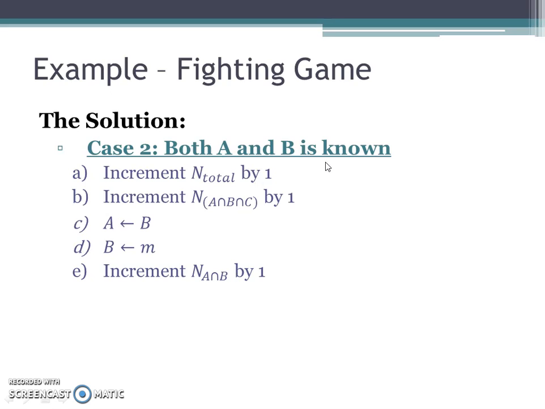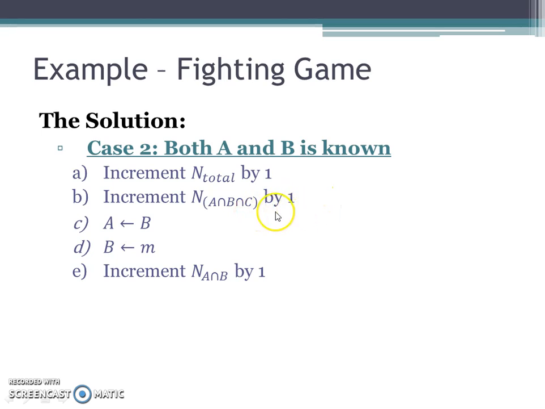Given the fact that you already know the previous two strikes, what you do is increase the n total by 1, because the latest strike increases the number of strikes so far, and you also want to increment the frequency for A intersect B intersect C, where in this case C is really the current strike that you have seen in M.